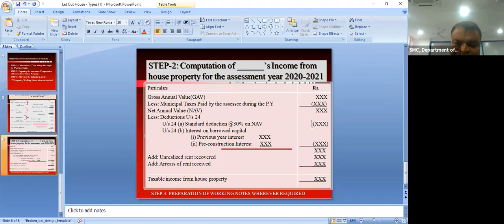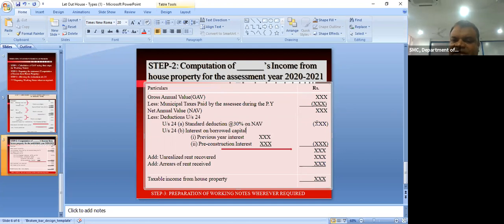And suppose an assessee has borrowed money from any banks, or for the previous year, if any interest he has to pay, that you can take, and that is eligible for deductions. And if any pre-construction interest is there, that also is eligible for deductions. We'll add these two and deduct the standard deduction and this deduction.